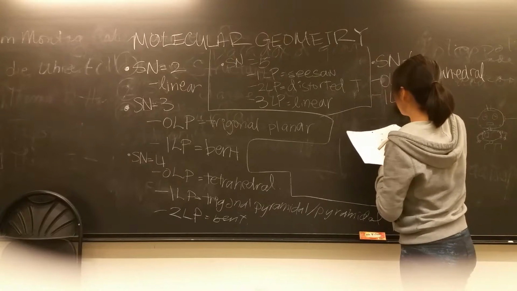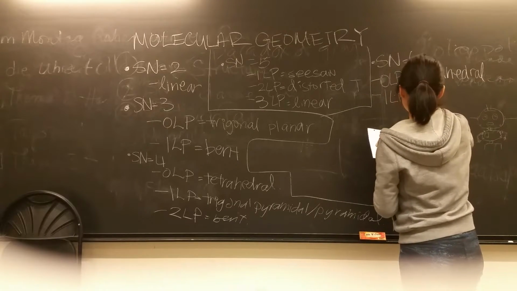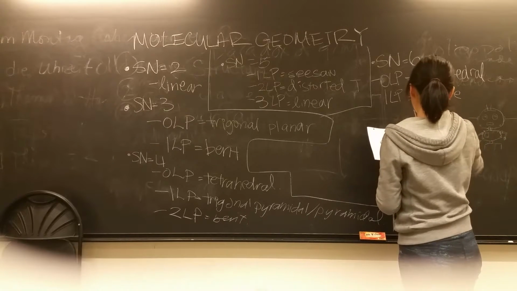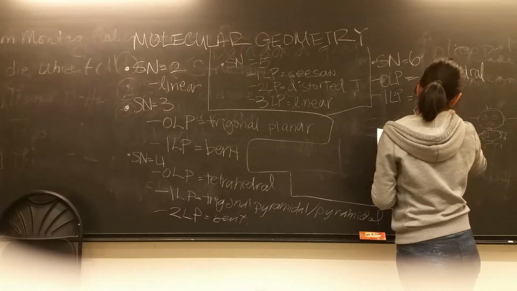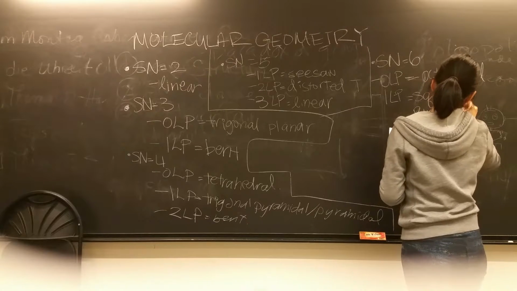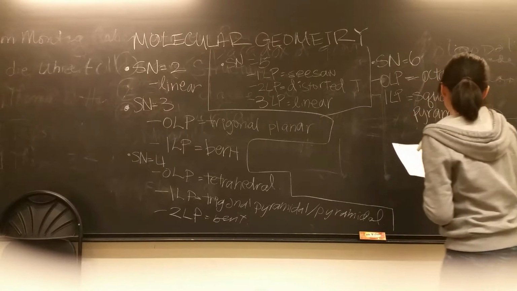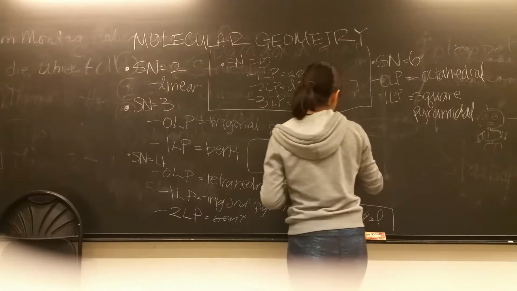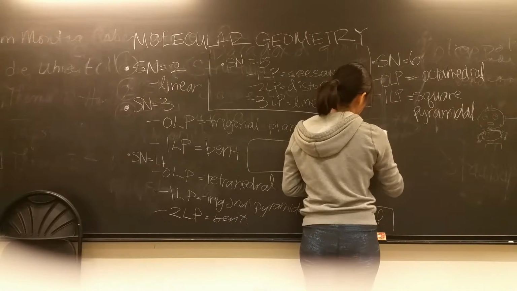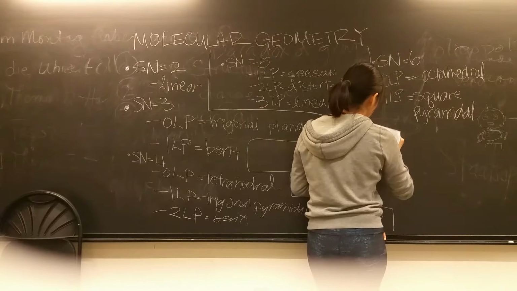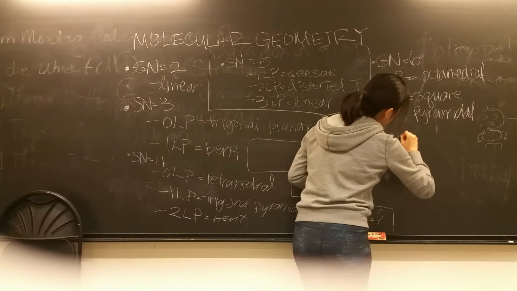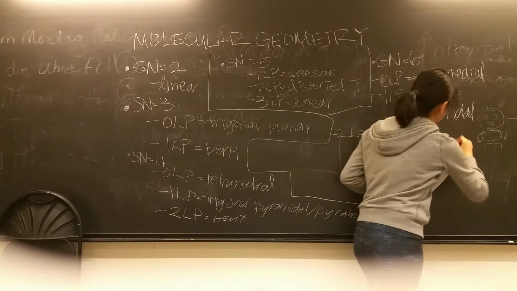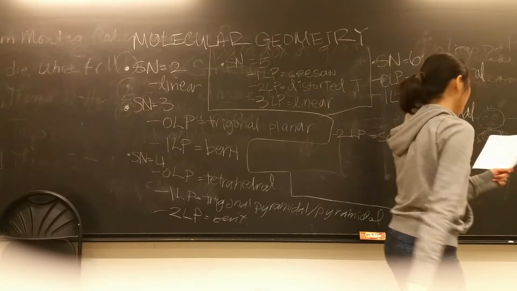And then if we have one lone pair, it's going to be square, here in the middle, and 2 lone pairs is gonna be square planar.